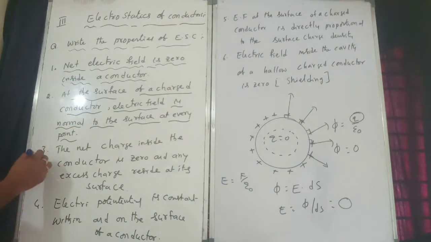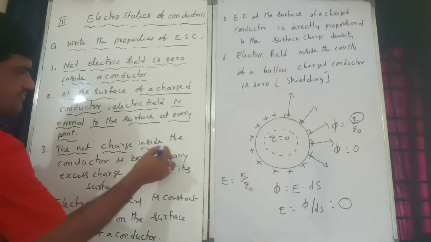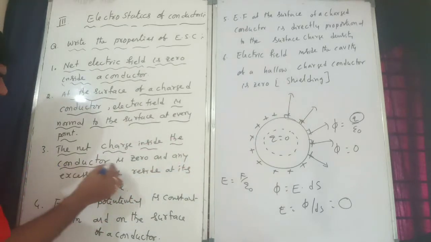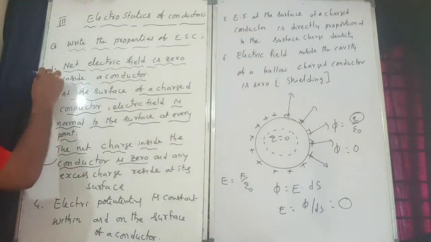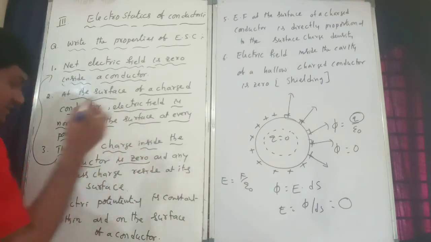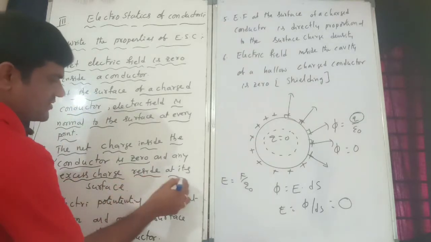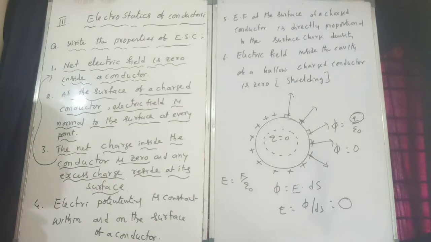Now third point. What is the third point? The net charge inside the conductor is 0, and any excess charge resides on its surface.